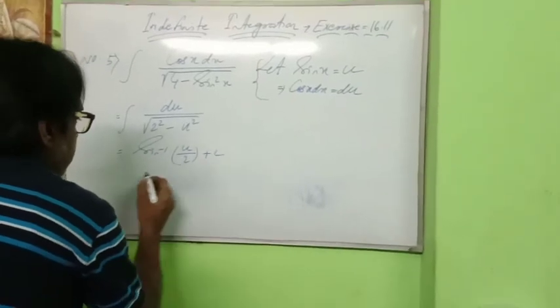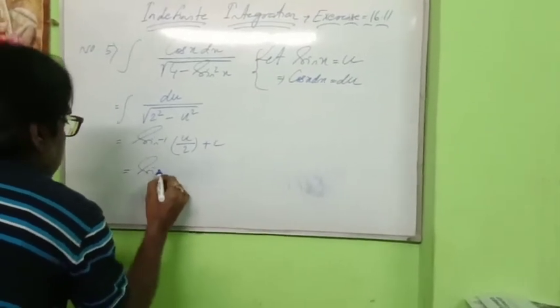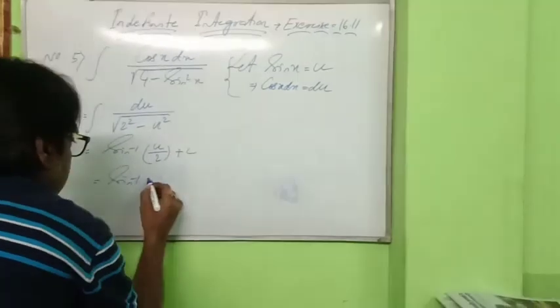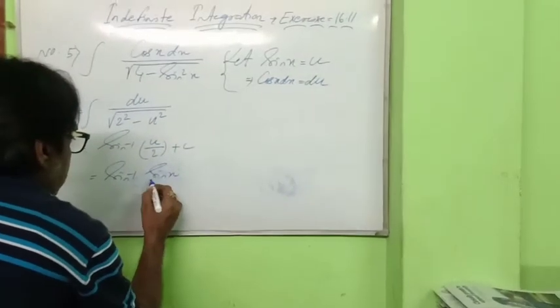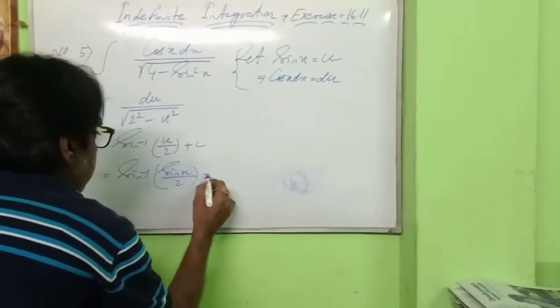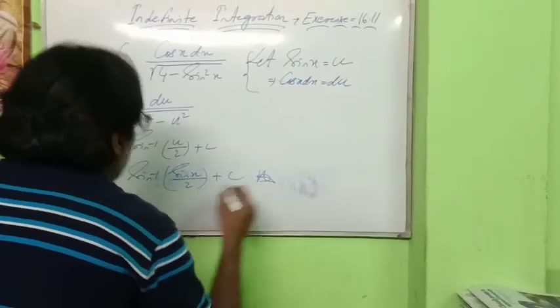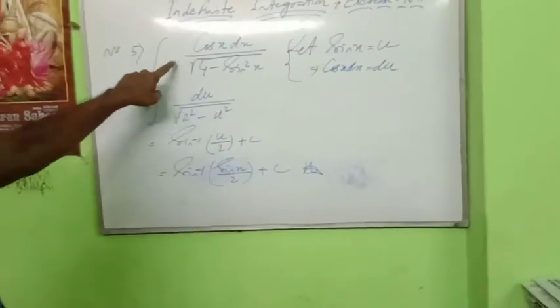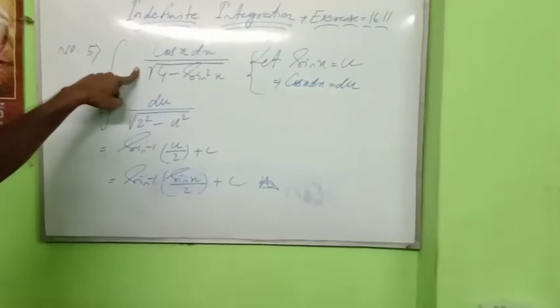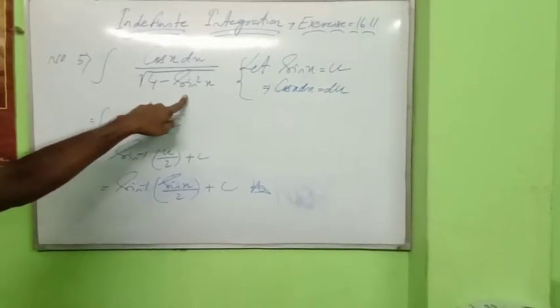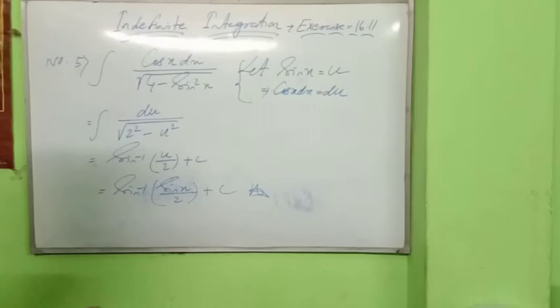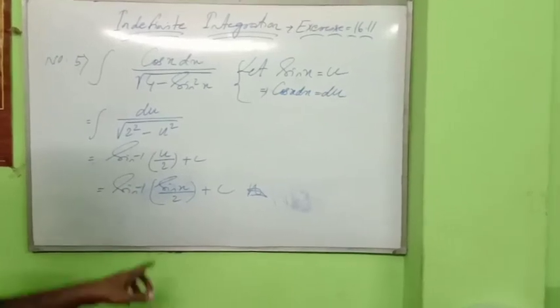Now put the value of u, that is sin inverse of sin x by 2 plus c. This is the answer of number 5. Very carefully see the question, what is given, and which one you have to substitute. Sin x you have to substitute. The answer is coming sin inverse of sin x by 2.